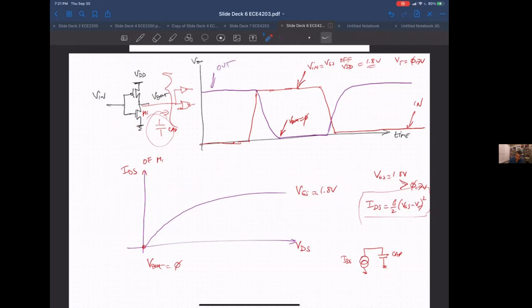Okay, so there's no current flowing across it at this point. Once it discharges this down, the period where the on current of this transistor matters is just this period. So there's a rise time.